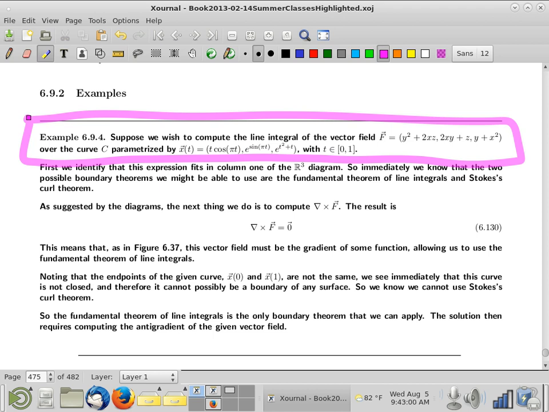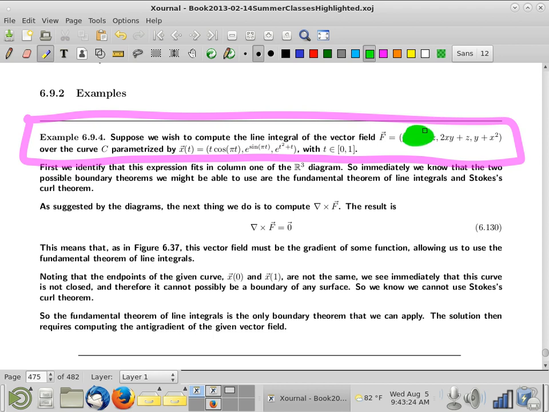We are left to decide for ourselves. Is this a Chapter 5 problem? It's parameterized, so I could use Chapter 5. Is this a fundamental theorem of line integrals problem? I don't know. Is it a Stokes' theorem problem? All of those are possible based on the mere fact that we're computing a line integral of a vector field in R3. So let's use our diagrams.